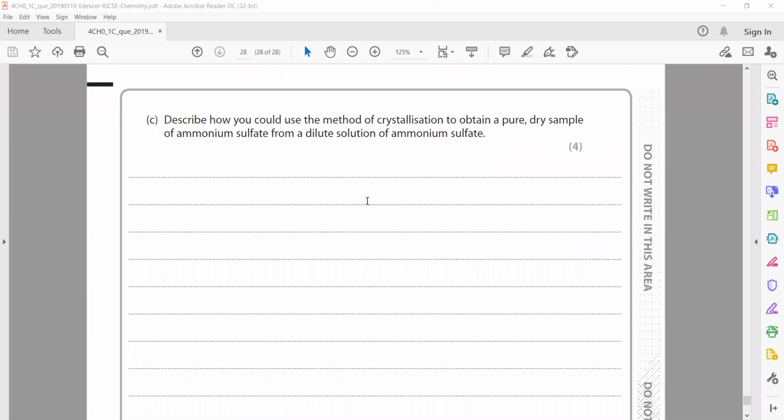Describe how you would use the method of crystallization to obtain a pure and dry sample of ammonium sulfate from a dilute solution of ammonium sulfate.